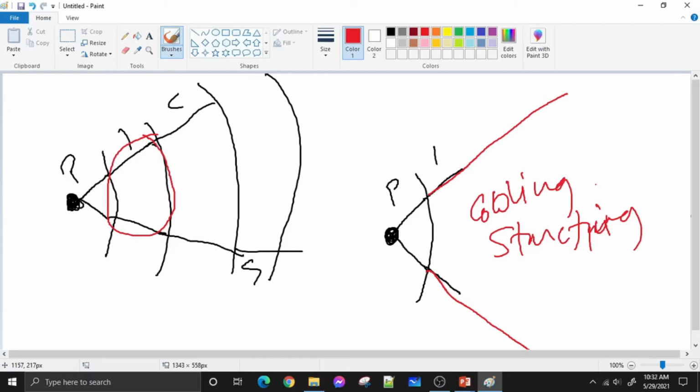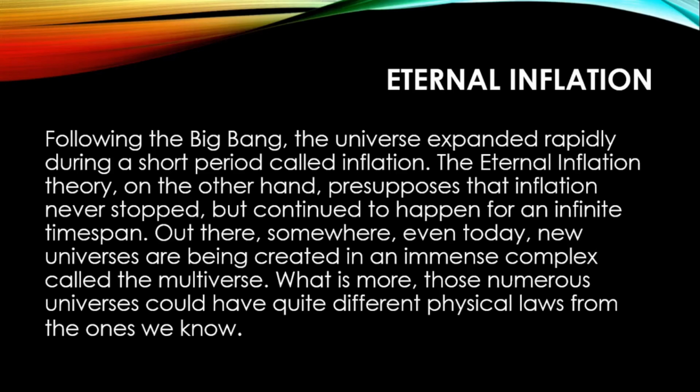So after the Planck epoch comes the inflation, and then that inflation continues to happen even today, and within that inflation the cooling and structuring continue to happen. It continues to create new universes, the multiverse, and it continues to cool down matter. Okay, so that's the difference between the eternal inflation and the Big Bang theory.